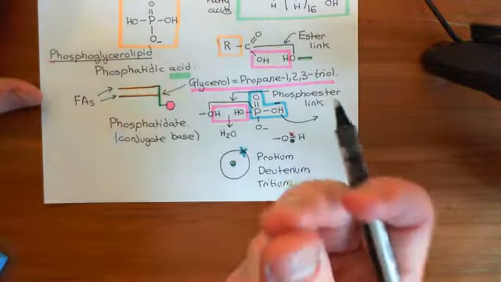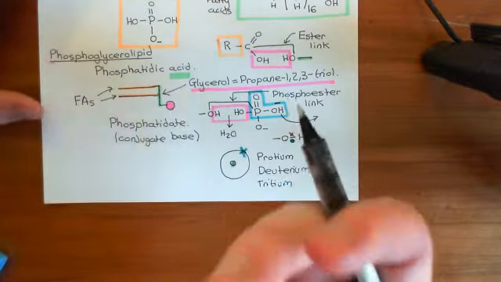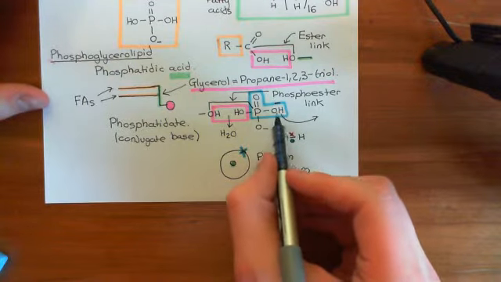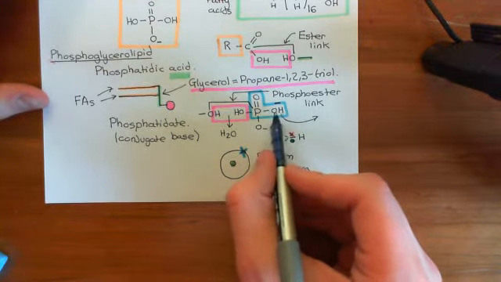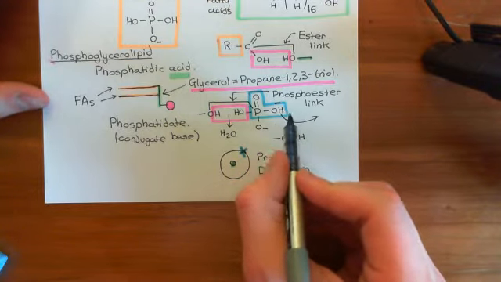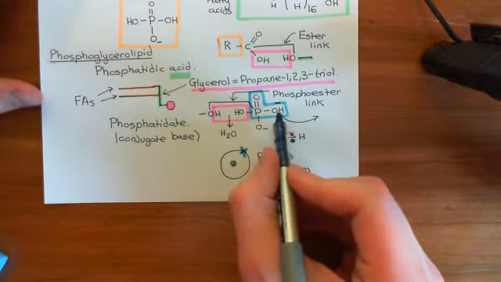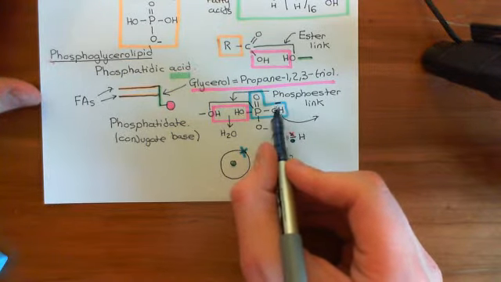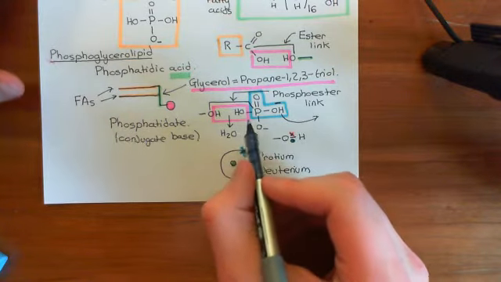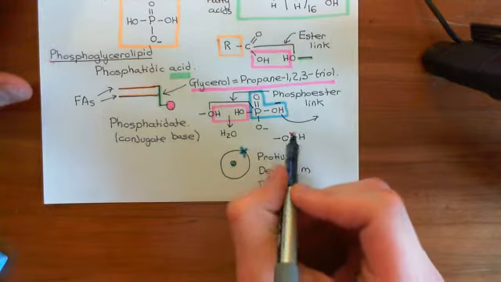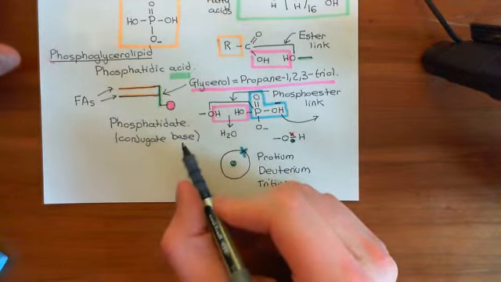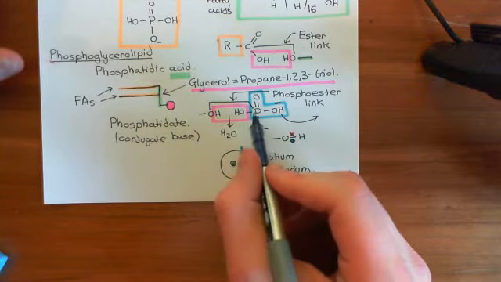What you've got left after that donation is then actually a base, because if we look at the example of our phosphatidate here, we have that negative charge on that oxygen, and that can actually accept a proton out of solution, so protons can come out of solution and bind to the negative charge on that oxygen atom. Okay, so therefore these molecules that are left over after deprotonation, these are actually bases now, because the definition of a base is something which can accept protons out of solution.